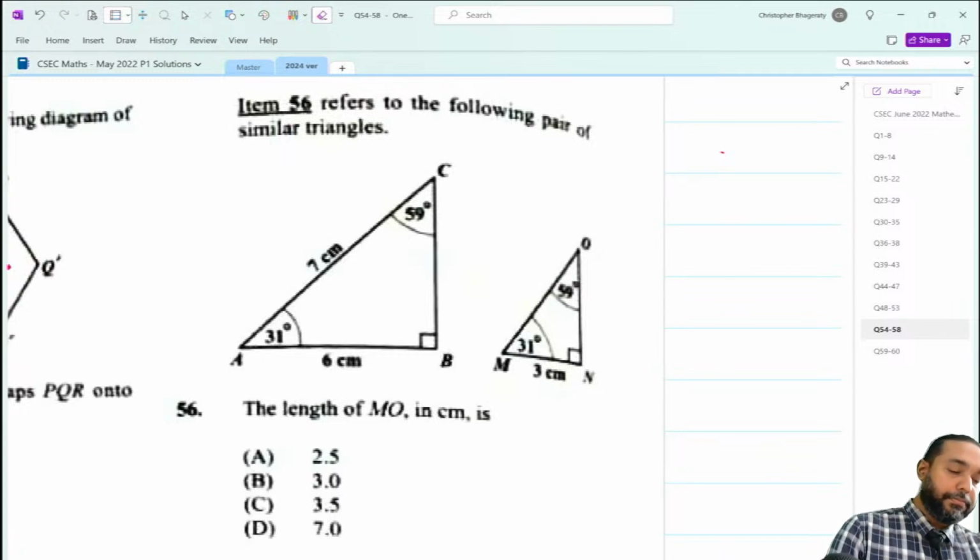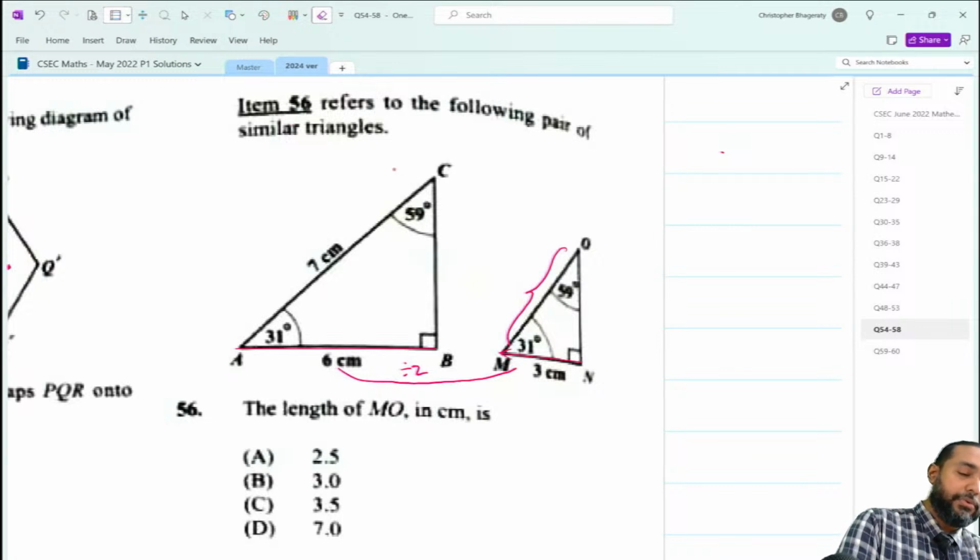So, for example, if you look at this length here, AB, and the corresponding length across here is MN, clearly, to go from 6 to 3, you have to divide by 2 or multiply by a half, right? Now, they want MO. MO is this length here. That's the hypotenuse. The corresponding length in the other triangle is that length there, which is also opposite its right angle. And again, you are dividing by 2 or multiplying by a half, right? So you divide by 2. 7 over 2 is 3.5.